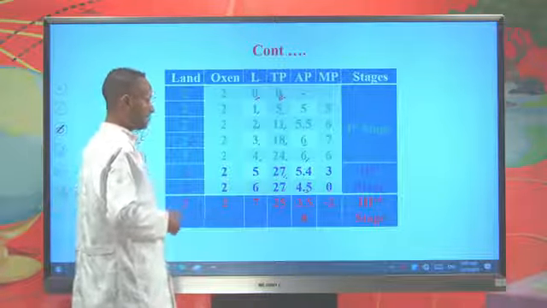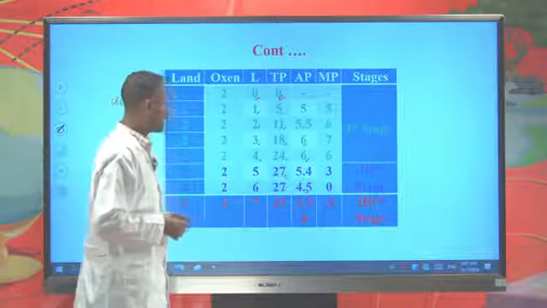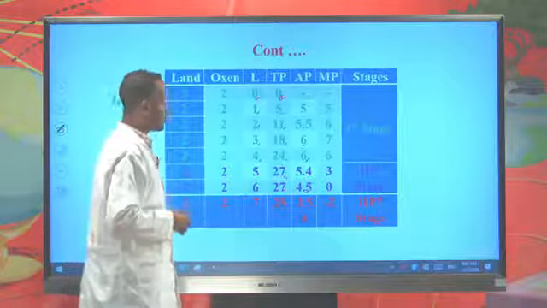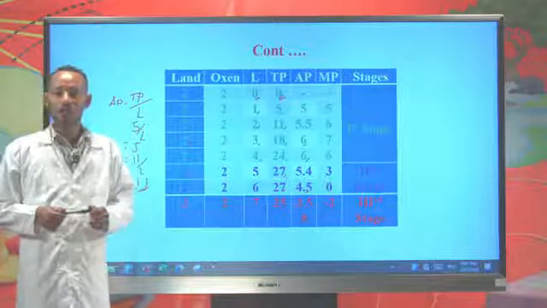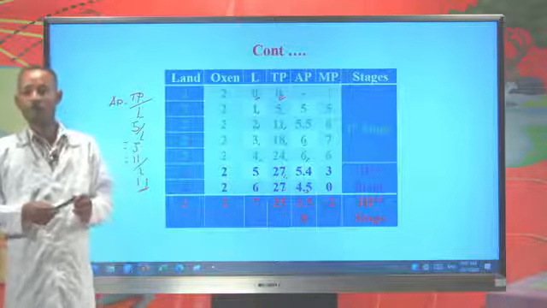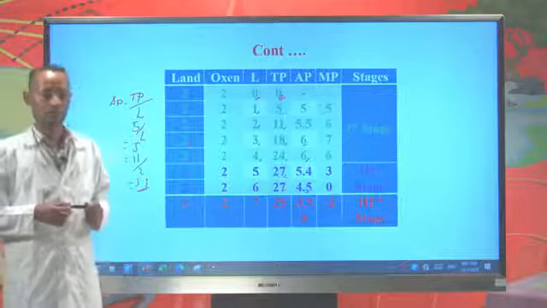Finally, if 7 labor produce 25 quintal, then one labor produces 3.58 quintal on average. This is the way of calculating the average product of the variable input labor.